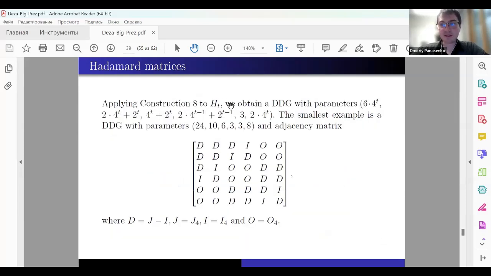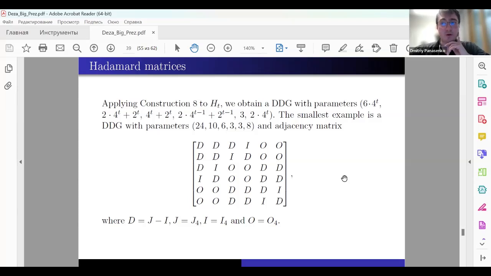So if we apply this construction to this matrix, we have divisible design graphs with these scary parameters. The smallest example is a divisible design graph with parameters 24, 10, 6, 3, 3, 8. And this is its adjacency matrix. D is just the matrix J minus the identity matrix, and each block matrix has size 4.